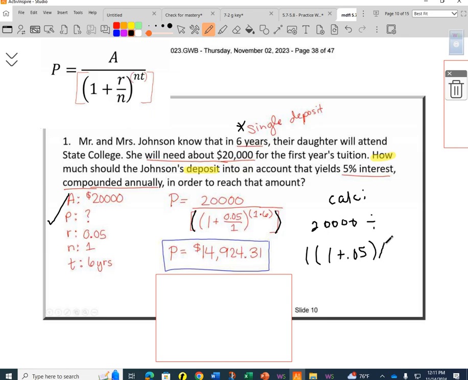Now our exponent button, that caret, and 1 times 6, I can do that math in my head. And then I need to close the parentheses and press equals. I'm going to double check that I wrote the keystrokes right. You guys double check and see if you got the same answers as on the board.